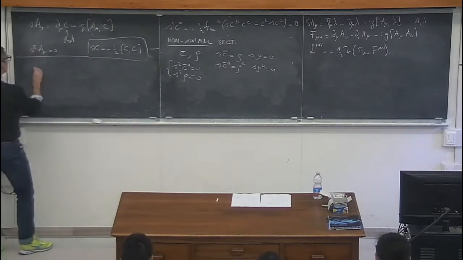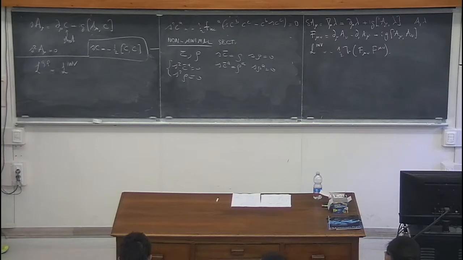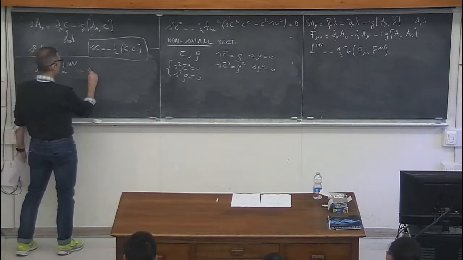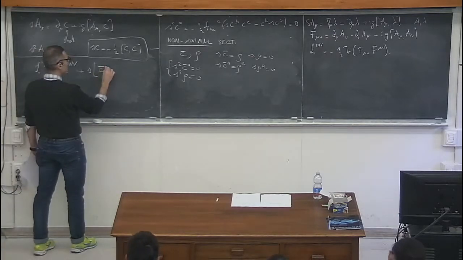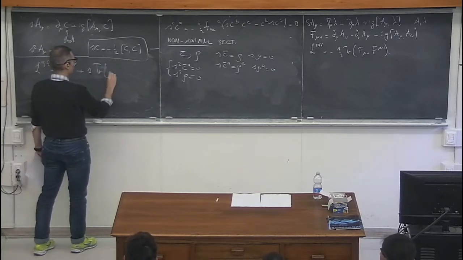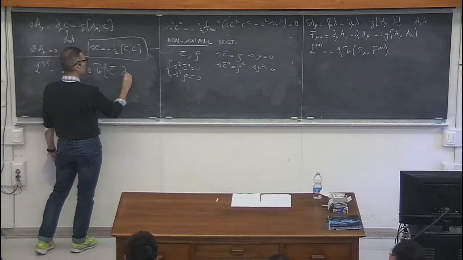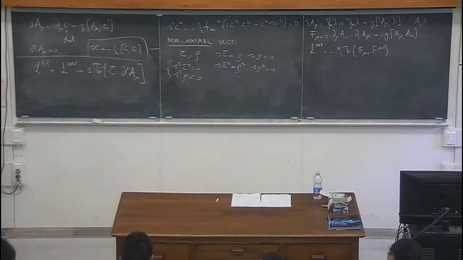In order to do the gauge fixing, I play the same game. The gauge-fixed action is just the gauge invariant one plus S of something, and here I write it in this way: trace of C bar A. And here, just to keep the same things as in the case of the abelian gauge, let's first do it in the Landau-Fermi gauge.